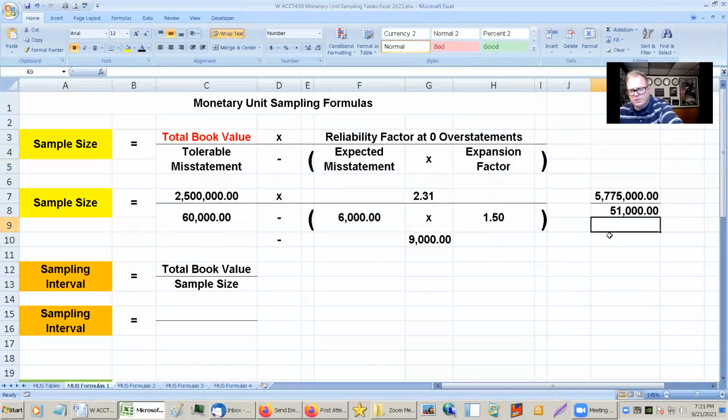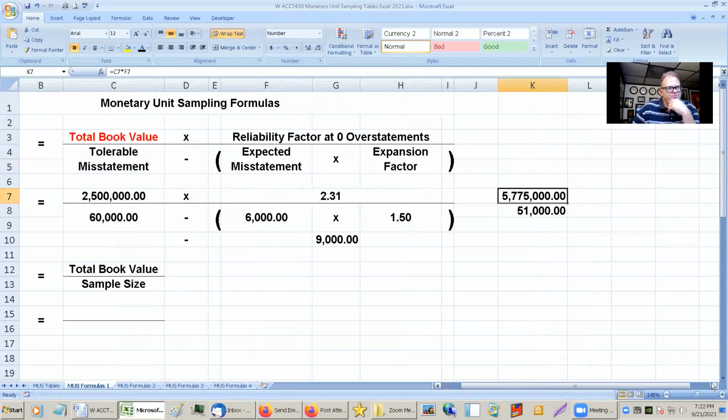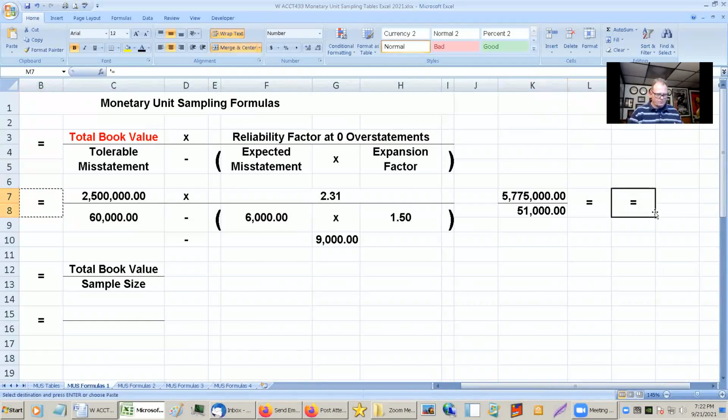So our sample size is going to be that divided by the, let's do it in the formula. 113.24.